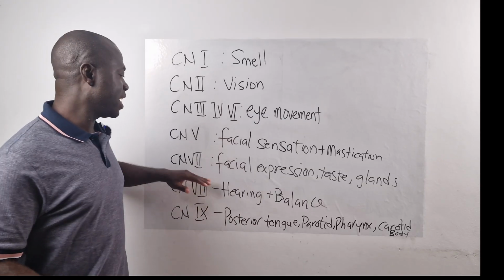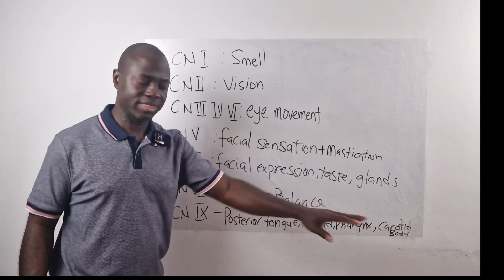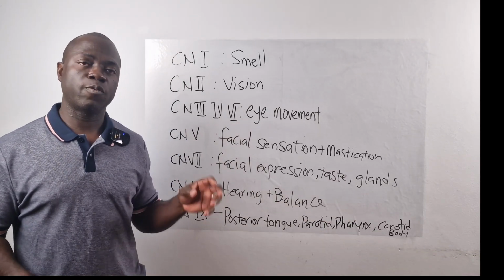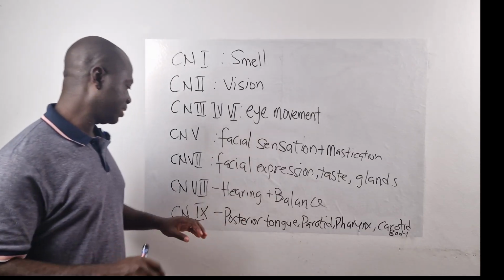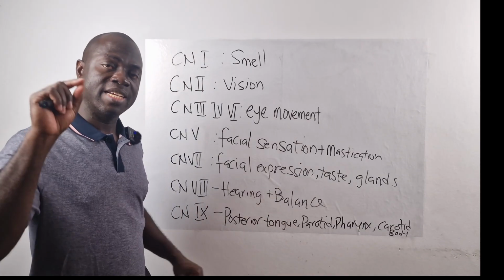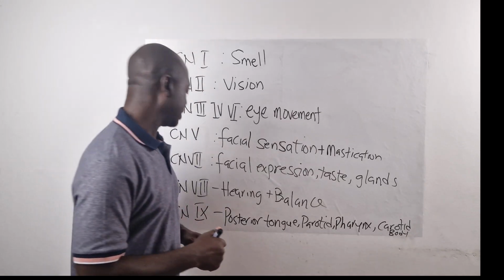And then we come to cranial nerve 7, facial expression, taste, and glance. Cranial nerve 8, the vestibulocochlear, is for hearing and balance. And cranial nerve 9, posterior part of the tongue, the pharynx, the parotid gland, the carotid body, and the sinus.